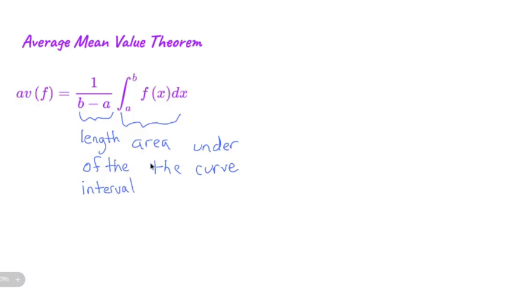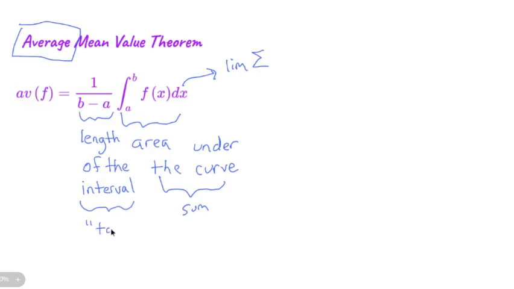Okay. All right. So, let's think about that word average. We've seen that plenty of times in math classes before. We're taking what is effectively a sum. Remember, this is just a Riemann sum, the limit of a sum. And when we think about average, we think about adding a bunch of numbers together and then dividing by the total amount we have. So this is our sum, whereas the length is considered, and I'll put it in quotes, our total.